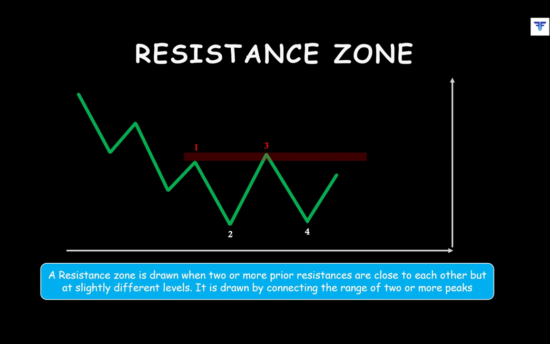What we now have is a resistance zone rather than a resistance line. As price rallies from 0.4, you can expect hurdles somewhere around this zone from where there is a greater probability of price turning south again. Hence, in cases where more than one resistance confluences close to each other, it would be better to draw a resistance zone and focus on that zone going forward.